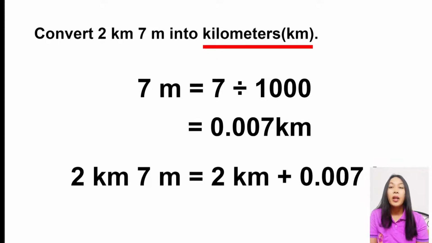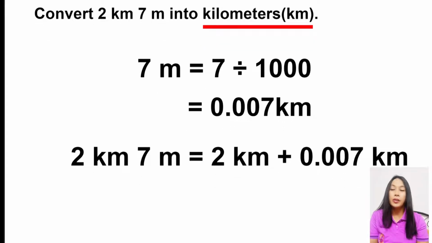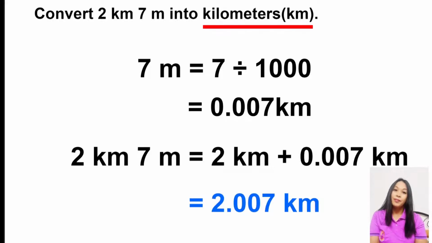The next thing we have to do is add 2 kilometers and 0.007 kilometers. So 2 plus 0.007, we get an answer of, correct, 2.007 kilometers.